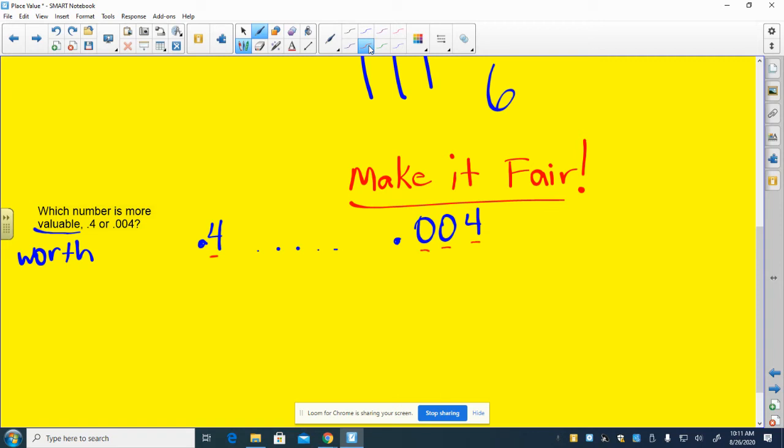Decimal 004 has 1, 2, 3 digits, and that is not fair. When you are working with decimal numbers, you can put zeros behind it to make it fair. And you aren't really changing the value of that number. That is still a 4 on 10th Street. So that is 4 tenths. And this is 4 tenths, hundredths, thousandths.